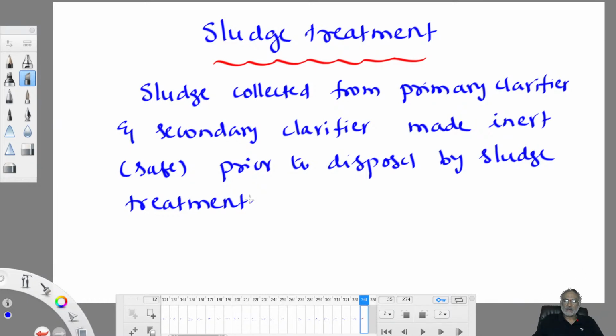Okay? It is very, very dangerous. That's why it badly needs treatment prior to disposal.